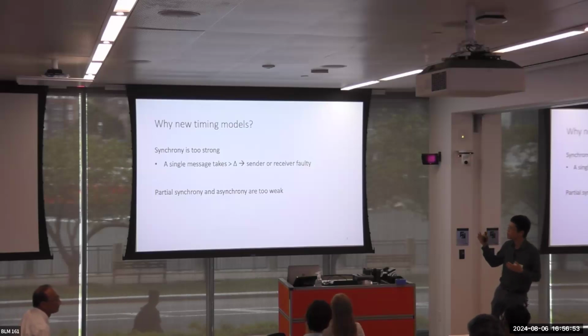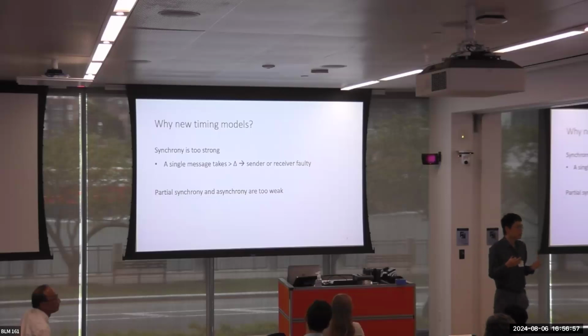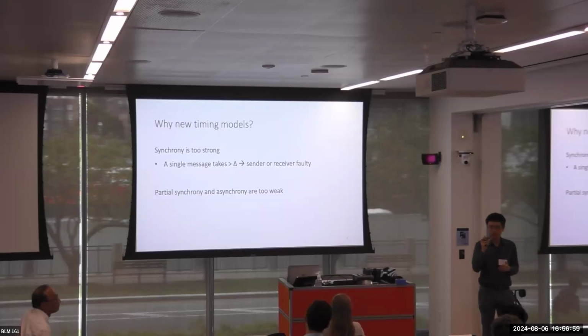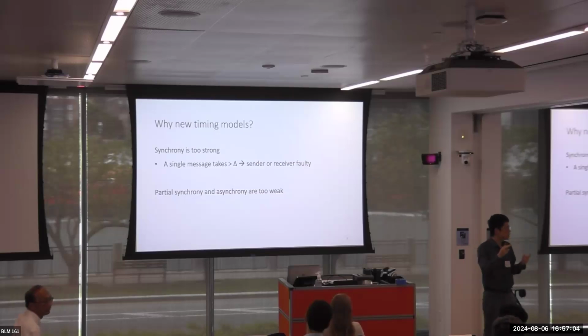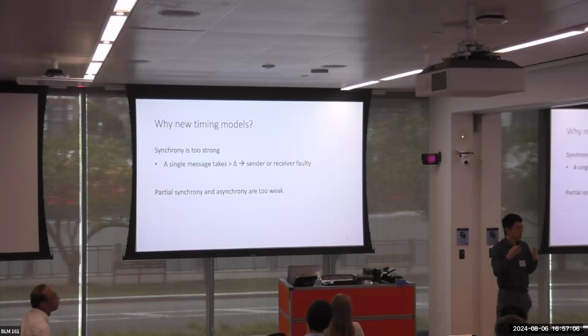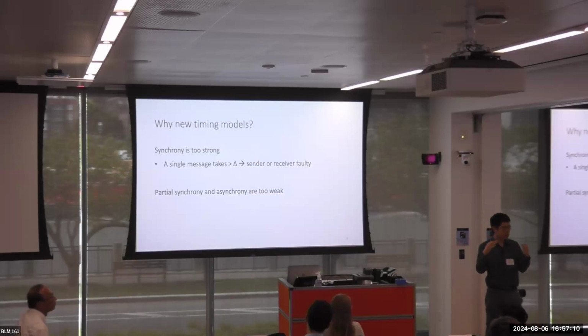The synchrony assumption says every single message takes no more than delta to arrive. So if you have a single message that takes longer than delta, we are forced to consider either the sender or the recipient to be faulty, and that eats into our fault tolerance.